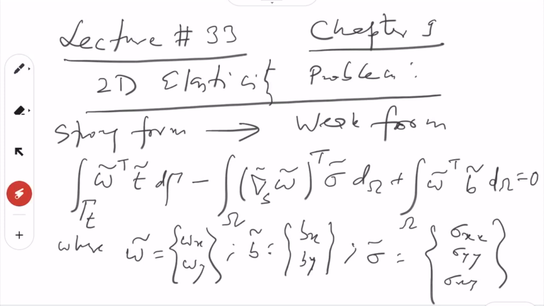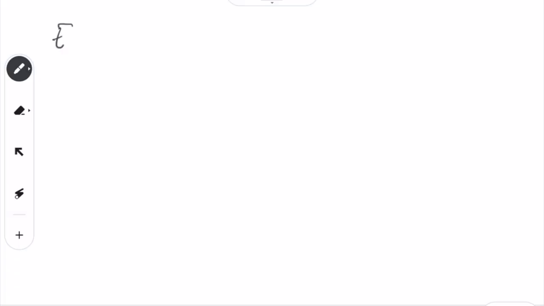Then t tilde is equal to tx and ty, which we can say is a bar, basically given.